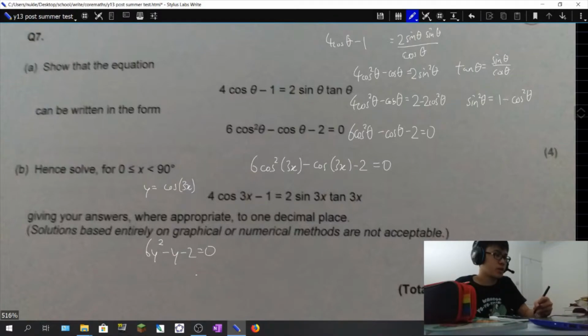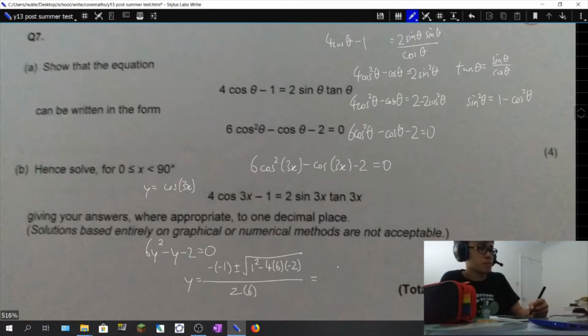So we have 6y squared minus y minus 2 is 0. You want to complete the square? No, just use the formula: minus negative 1, so 1, plus or minus the square root of 1 squared minus 4 times 6 times negative 2, all over 2 times 6. And you solve that, you're going to get 1 plus or minus 7, because that's root 49 in there, over 12.